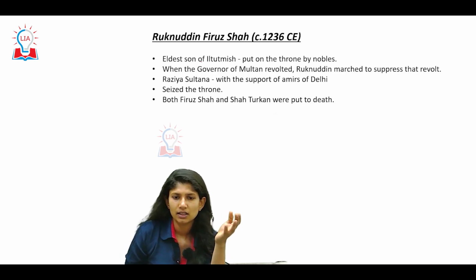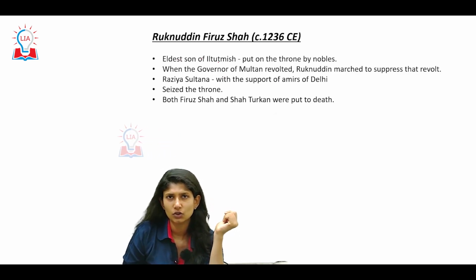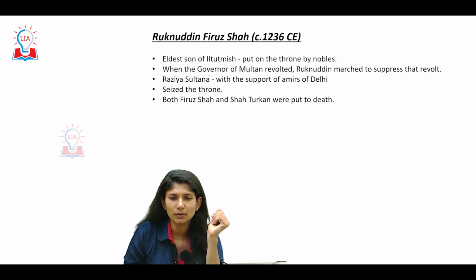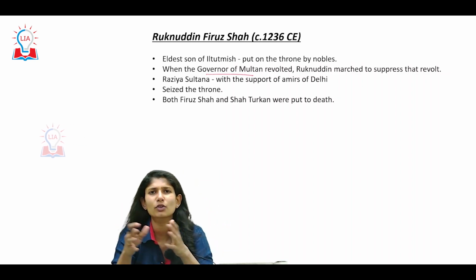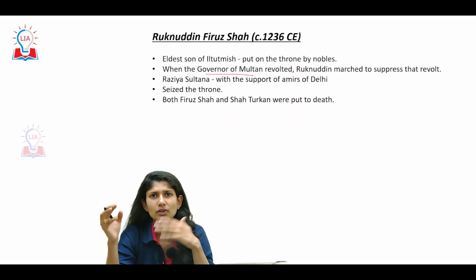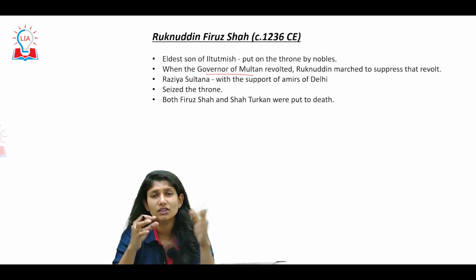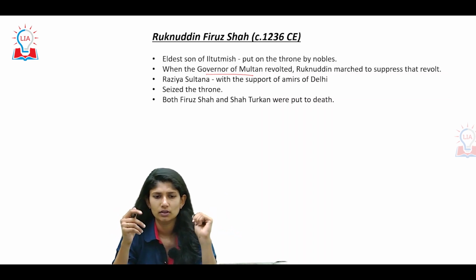Iltutmish's eldest son, Firuz Shah, assumes the throne with the help of the 40 or the Turkish nobles that we've discussed. But when the governor of Multan revolted and Firuz Shah goes to suppress the revolt, this is the right time Razia Sultana grabs the power. She grabs the throne.